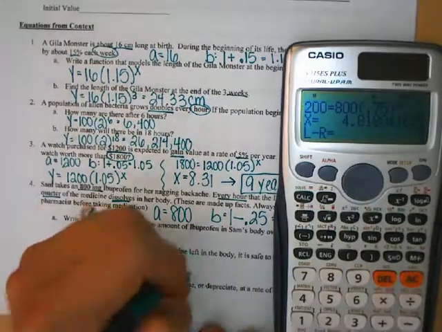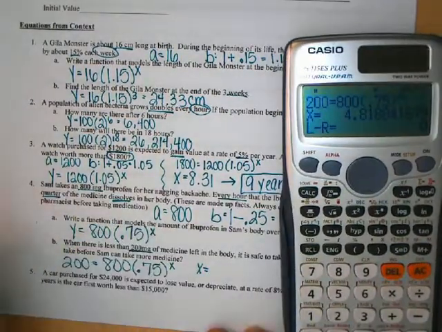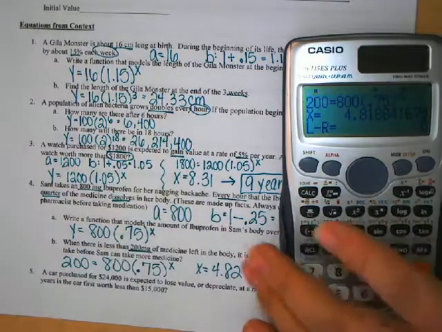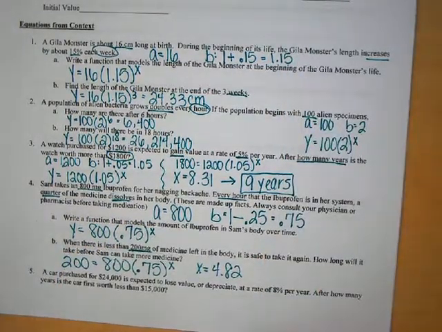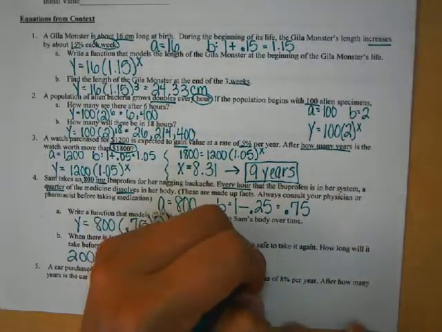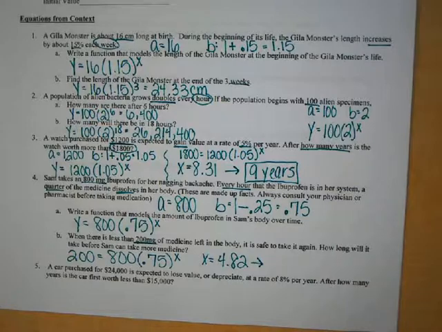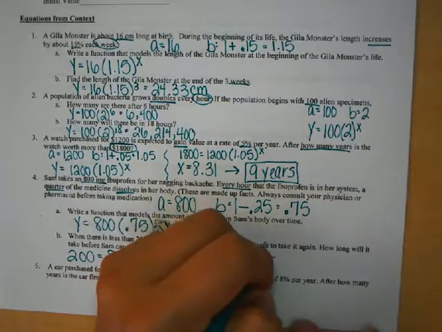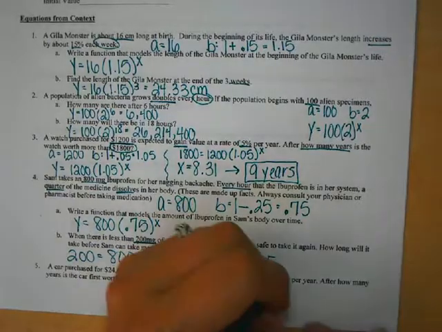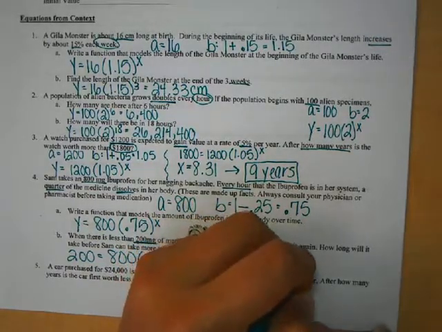And we get x equals 4.82. Remember I told you before, if you've got a decimal, you go ahead and round it up. So that is going to round up to 5. And we're talking about hours, so 5 hours.